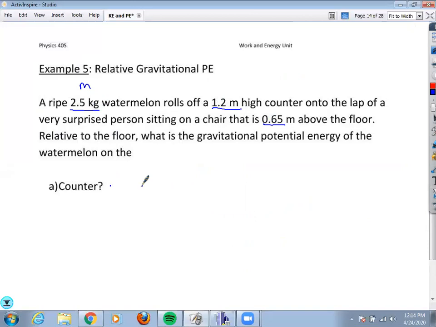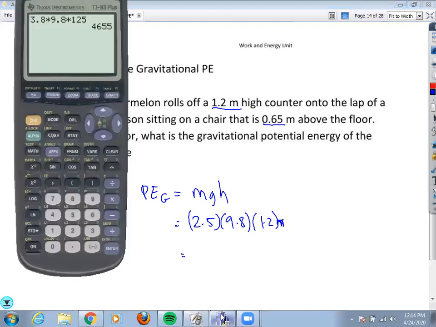So on the counter, gravitational potential energy is simply mgh, which is 2.5 kilograms times 9.8 times 1.2 meters. 2.5 times 9.8 times 1.2. And you get 29.4 joules.